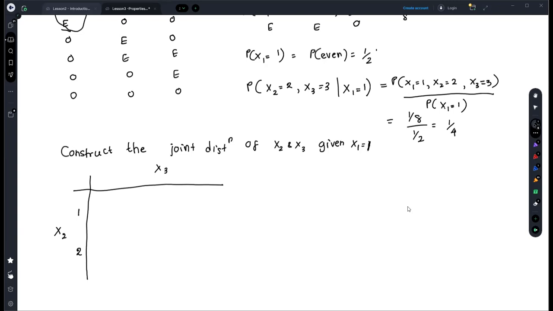So x2 will be either remaining there or incrementing, right? x3 is the same. You may remain at 1 or 2. That is, if x2 was 1, then x3 will be 2 or x3 will be 3. Is that clear how you figure out 1 and 2 for x2 and 1, 2, 3 for x3?